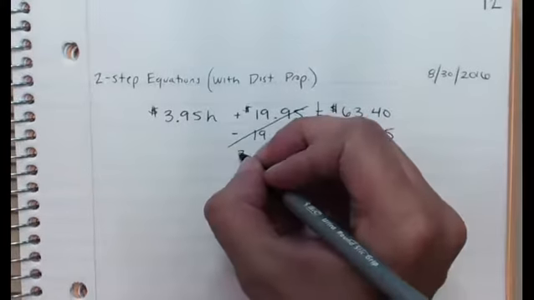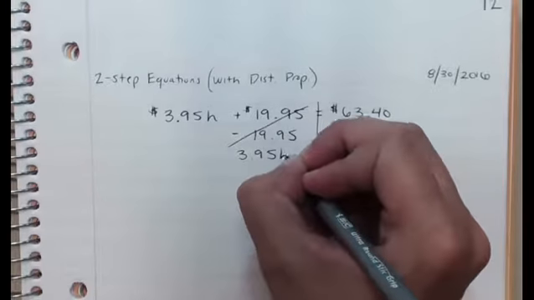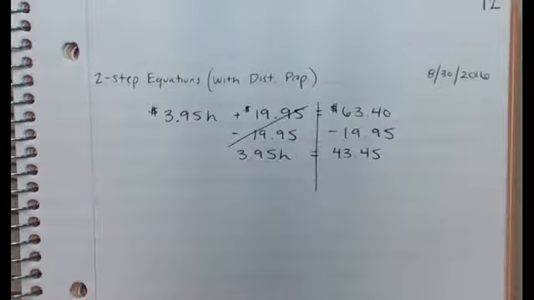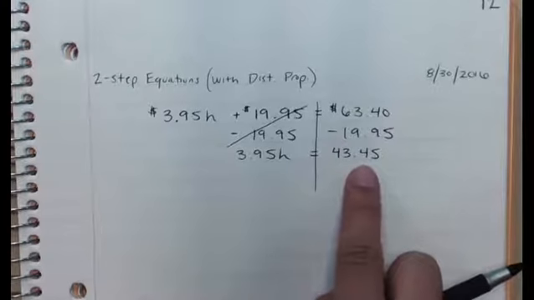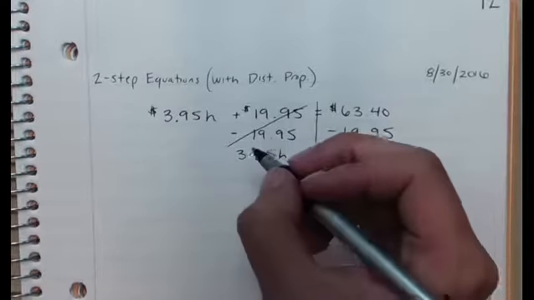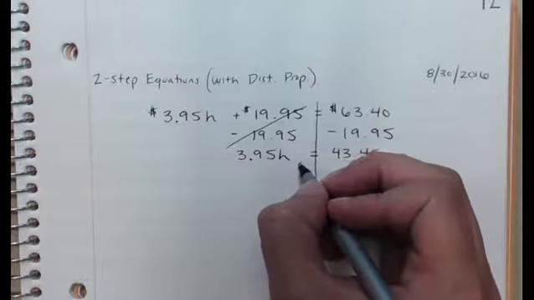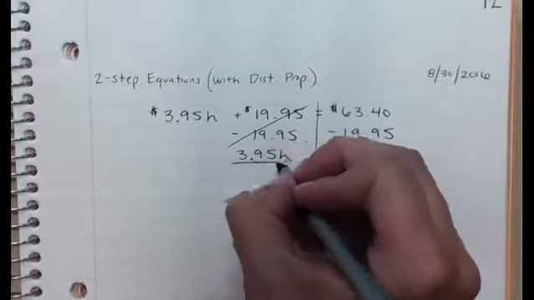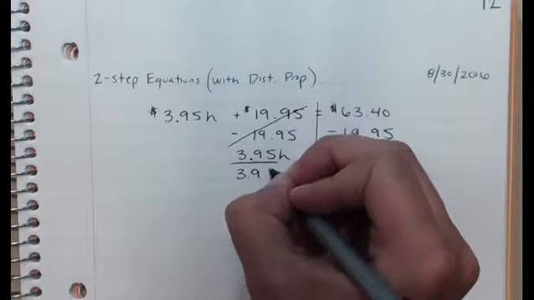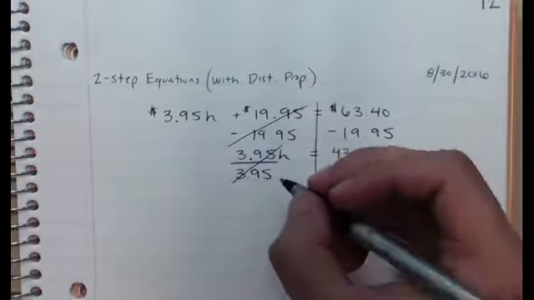Okay, over here I still have $3.95 per hour. So again, I want to figure out how many hours I can have them clean my house, as long as I stay underneath this amount of money. So right now it's being multiplied, $3.95 per hour, so times H. So the opposite or inverse operation would be division. So I'm going to divide that, cancel it out.